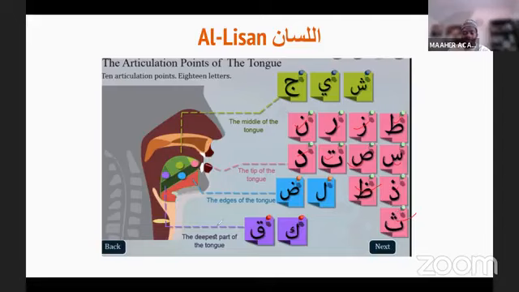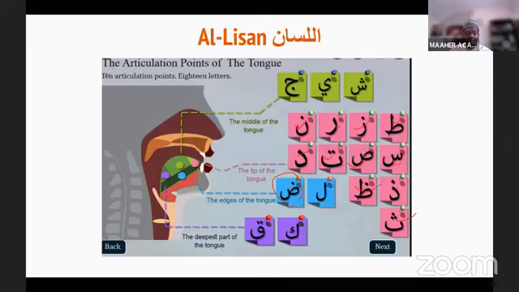And we have the letters that come from the edges of the tongue, together with the teeth: lam, dod. People who pronounce this dod, it's completely wrong. You see, they are from the same region of articulation, but they don't come from the same articulation point. They don't come from the same point.